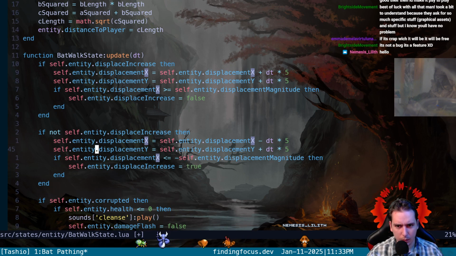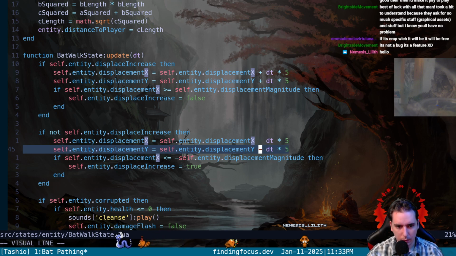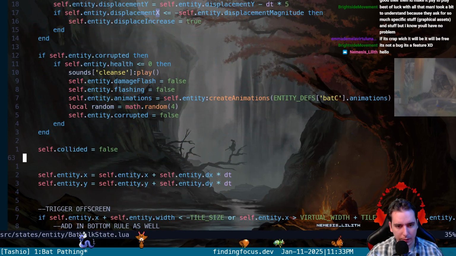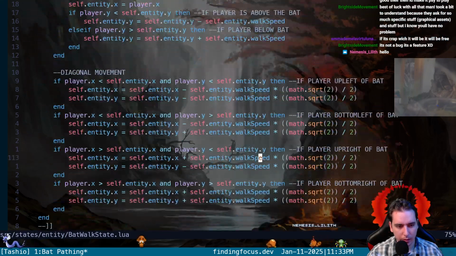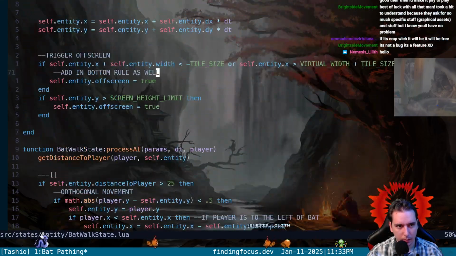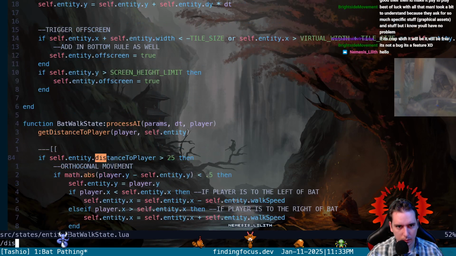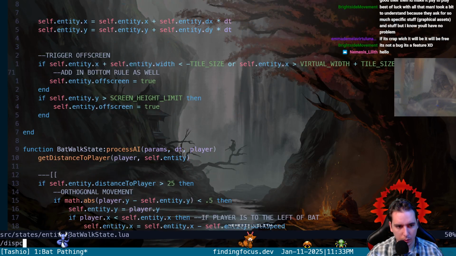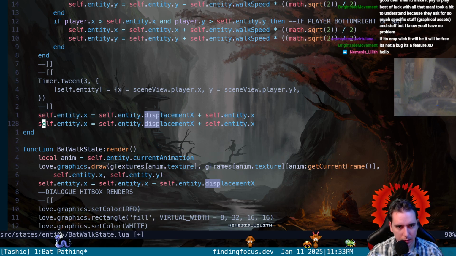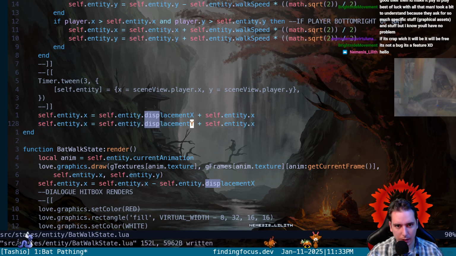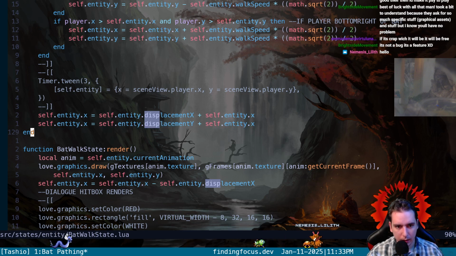And then we need a minus here. Okay, and then when we go to render, we're basically modifying our X position by the displacement, and then we render, and then we undisplace so that we can re-add it again.